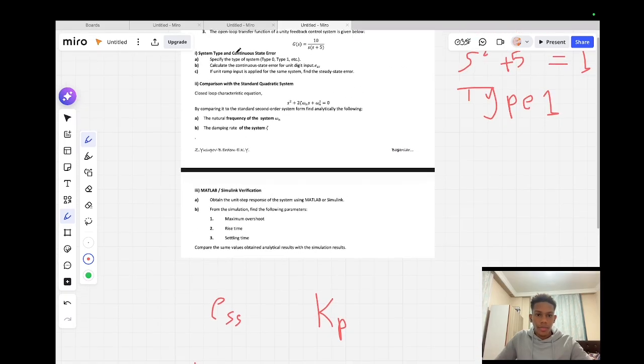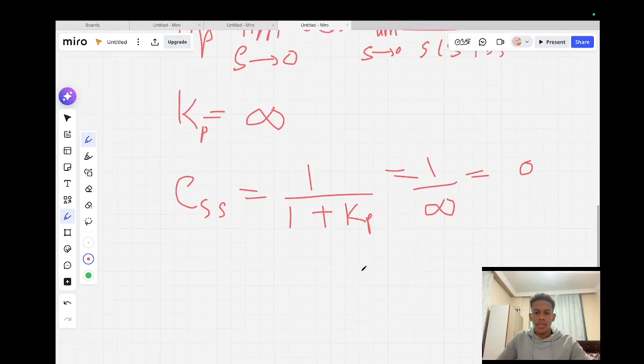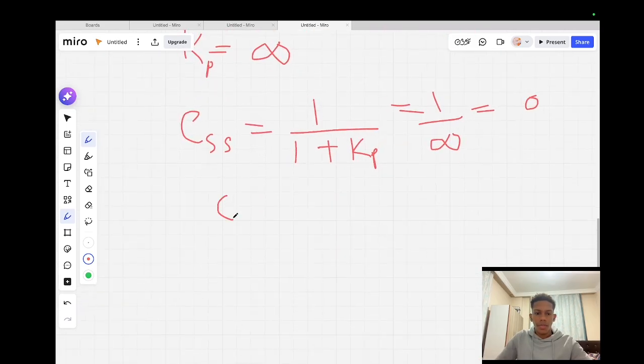Second question. If the unit ramp input is applied for the same system, find the error. So the G of s will be 10 over s plus 5.